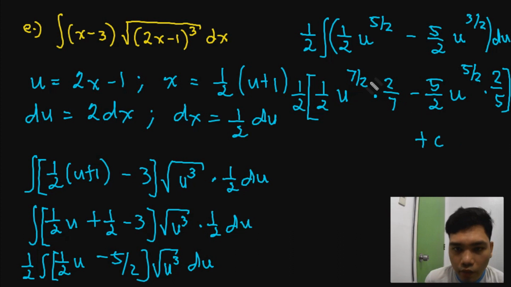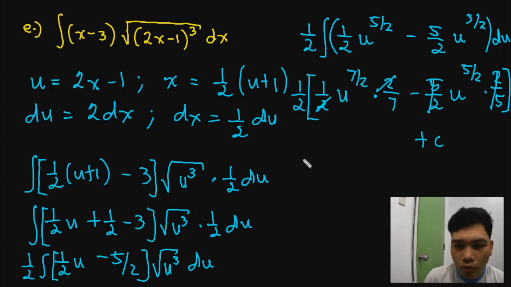Now we can cancel things out here. From this, we can cancel out 2, and from this expression, we can cancel out the whole thing. This leaves us with 1 over 7 u raised to 7 halves minus u raised to 5 halves plus c. We can also factor out u raised to 5 halves.